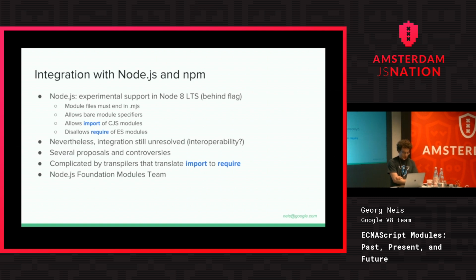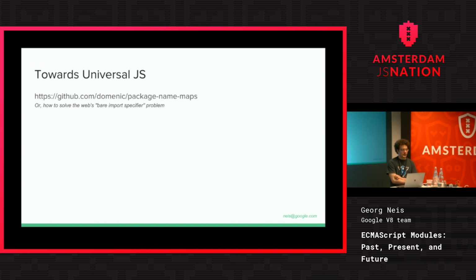Also, towards this interoperability issue, there is a proposal called package name maps, where the idea is that in order to make the code that you run on servers basically the same code that you also run on the web, you would like to have some way of telling the browser what bare import specifiers mean.